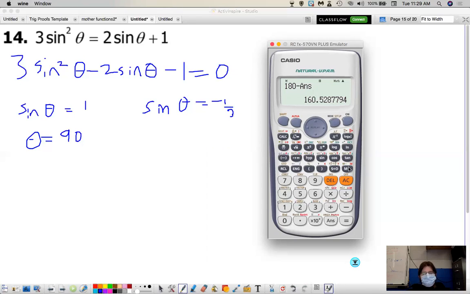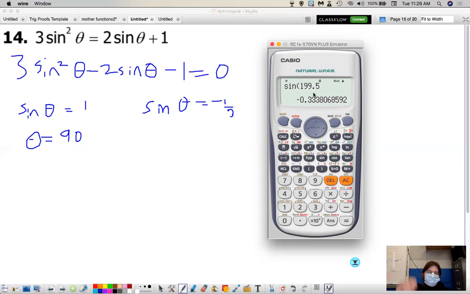We need quadrant 3. So 180 plus 19.5, 199.5. Let's check that out. What's sine of 199.5? 0.3333. Yeah, negative. So that's about negative 1/3.